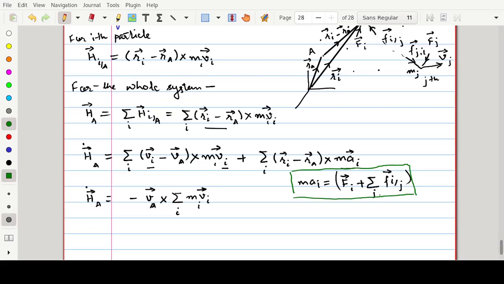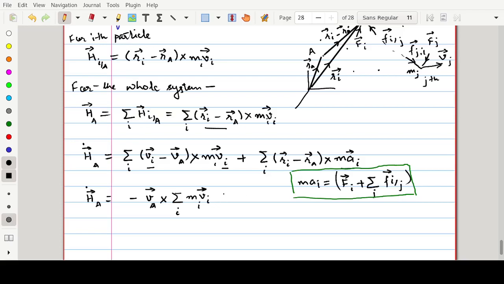Now since m ai is equal to force, and you are taking its cross product with the force arm, what you have is basically sum of all moments acting on the system. So these are all the forces which are acting in the system, and you are taking the cross product with their force arms and summing them over.